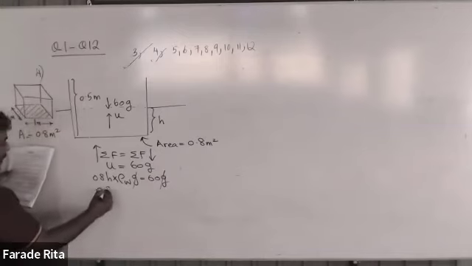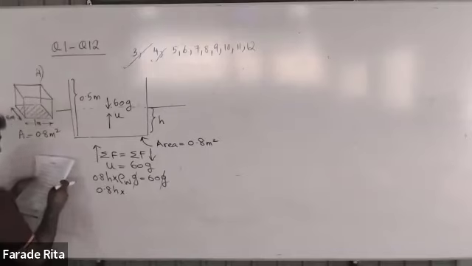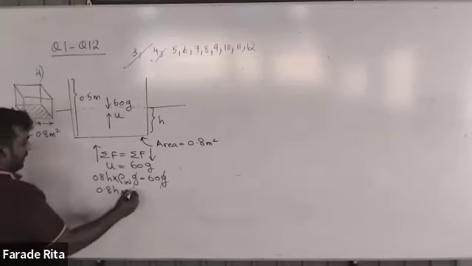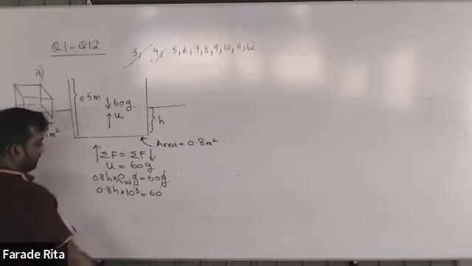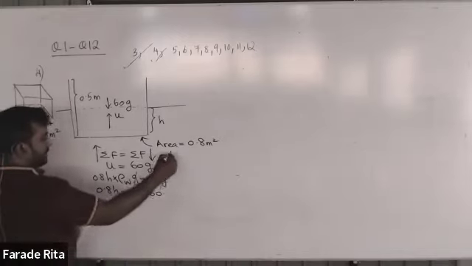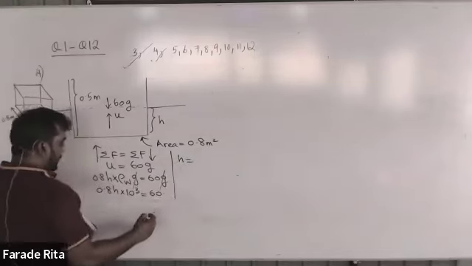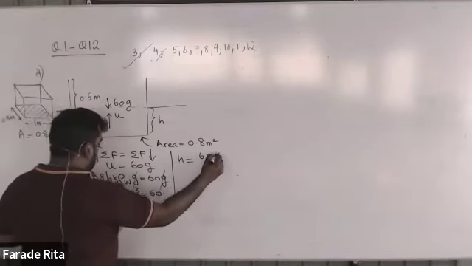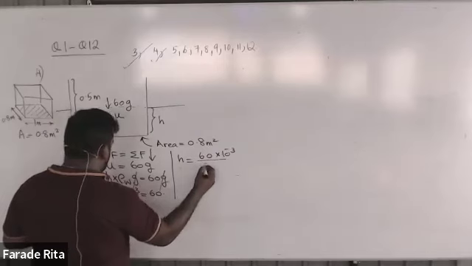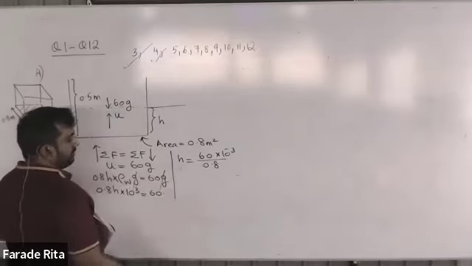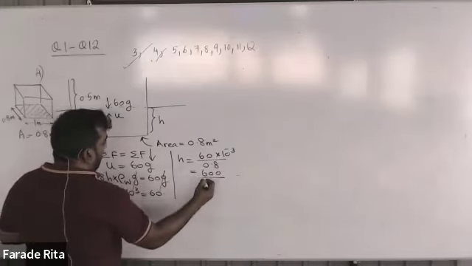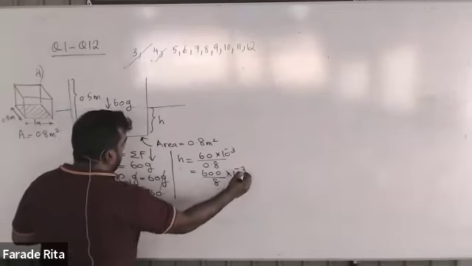Now 0.8 H. Density of water is how much? 1000. So 1000 into 0.8 H equals 60. Simplify this. H equals 60 into 10 to the power minus 3 by 0.8, which is 600 divided by 8, into 10 to the power minus 3.